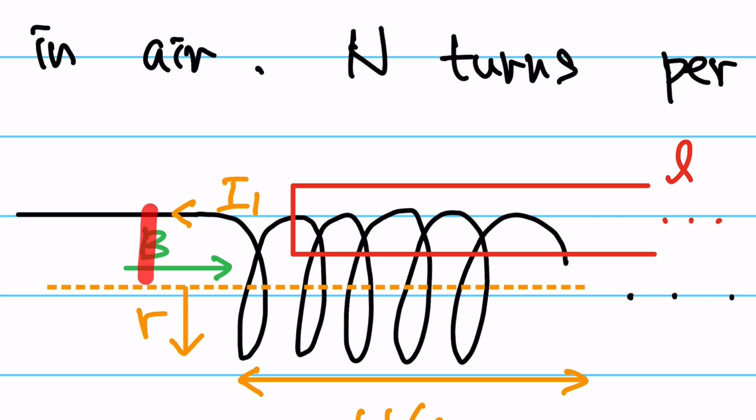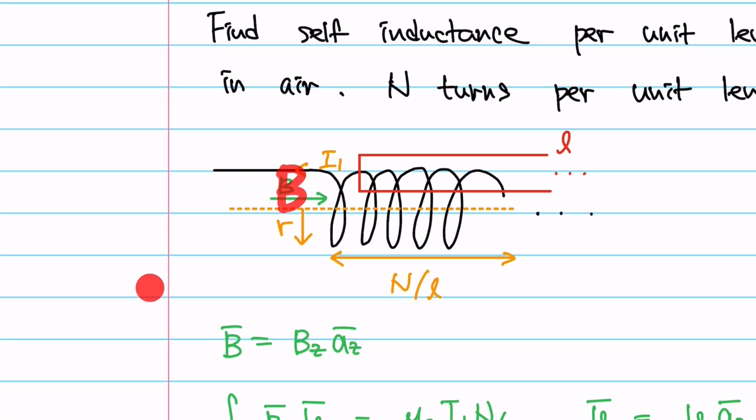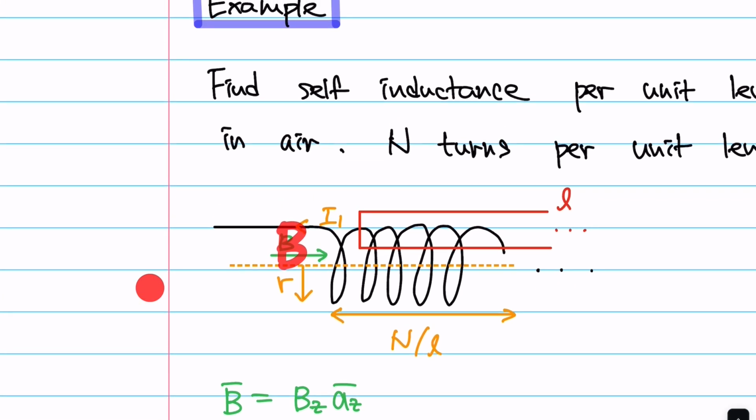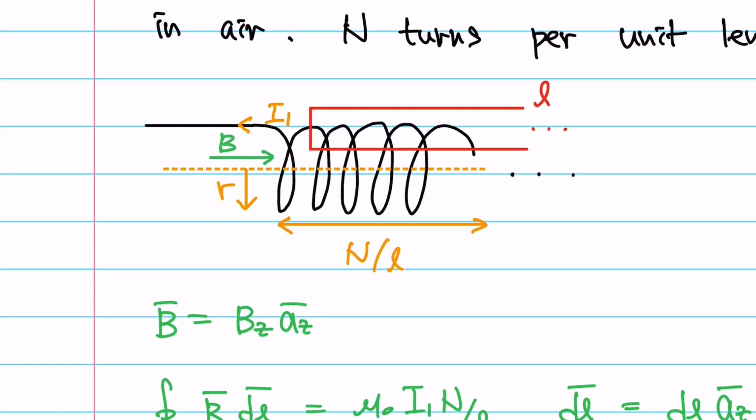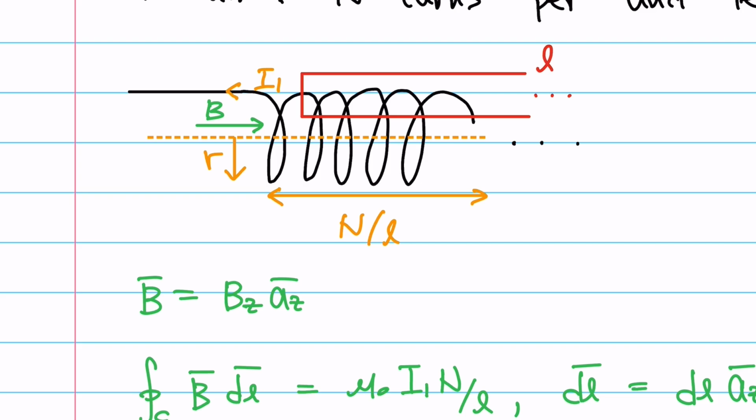So the B field can now be expressed in terms of AZ because it's going in the direction of the z-axis as shown here. So B is BZ times AZ, just because the coordinate system that we chose is a cylindrical coordinate system that is 90 degrees tilted.